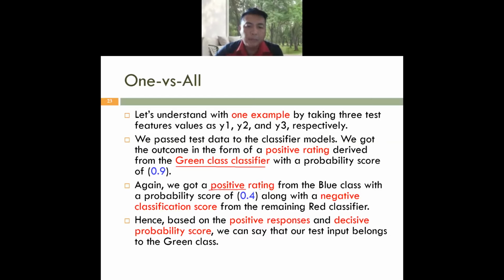Again, we have a positive rating for the blue class, but with a lower probability score. And also we have a negative classification score from the remaining one. So the answer will be positive, and it will be classified as green.